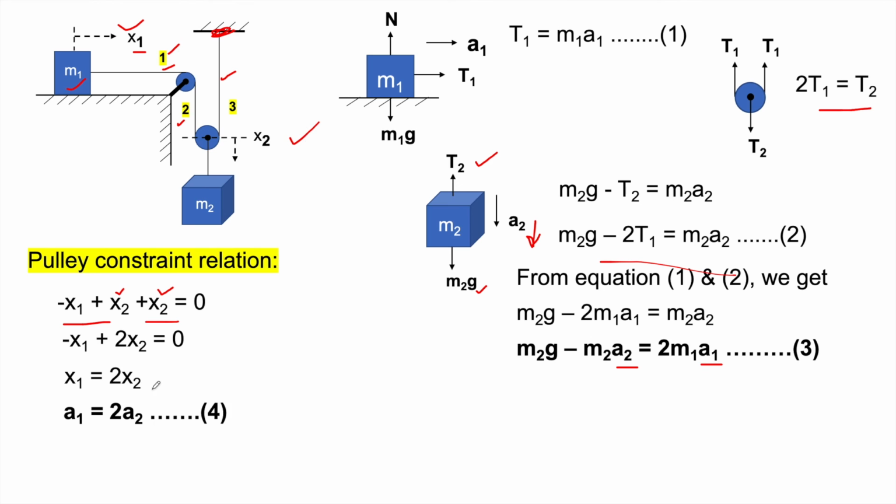Now if we differentiate this equation with respect to time twice, we get a1 equals 2a2, which is equation number 4. Here a1 is the acceleration of block M1 and a2 is the acceleration of block M2.